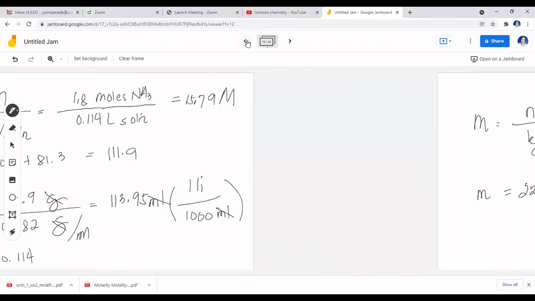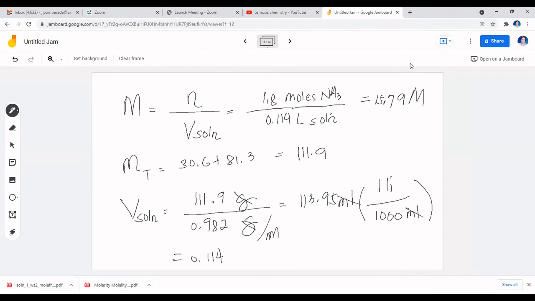Your molarity here will have a unit. Okay, I place the capital letter M. So you know your way already on this manner of expressing concentration of solutions.